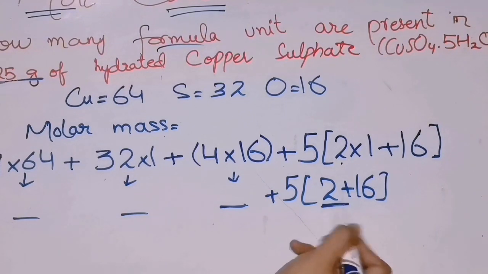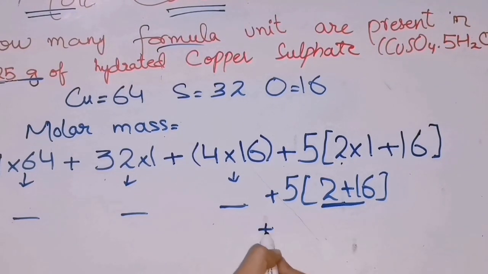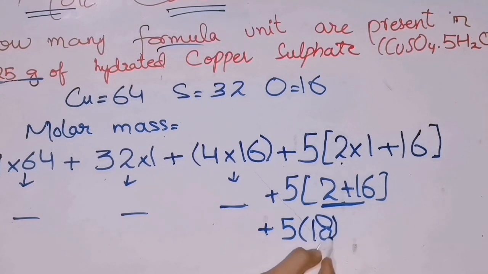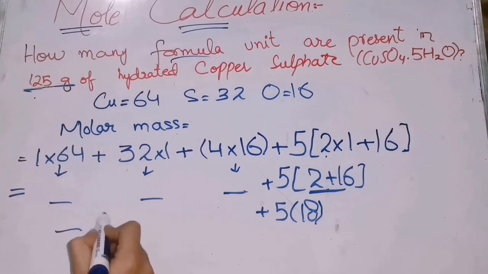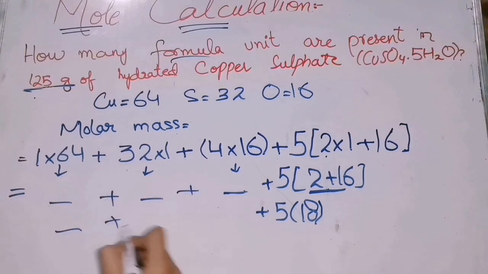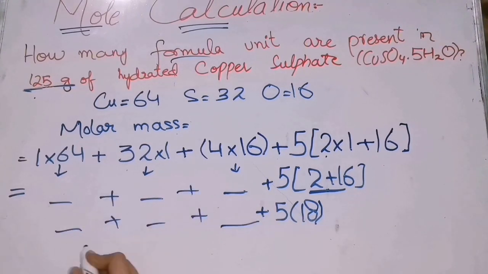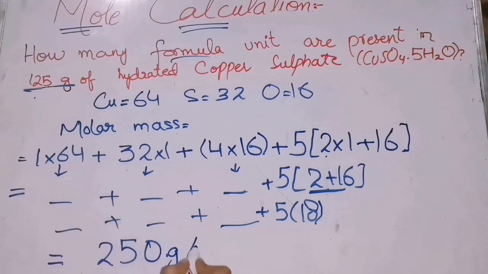Now we will first calculate this bracket and it will be 5 into 18. 16 plus 2, 18. After adding all these values, you will get an answer that will be equal to 250. Okay, 250 gram per mole.